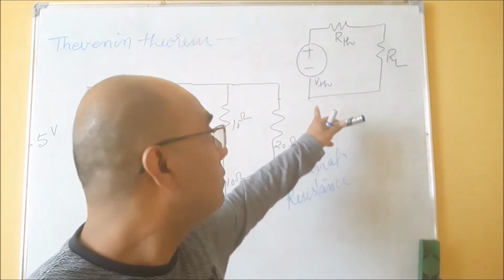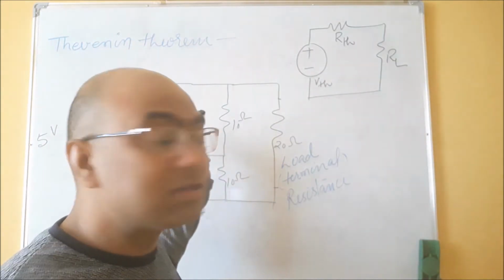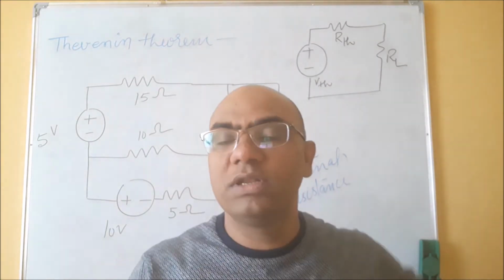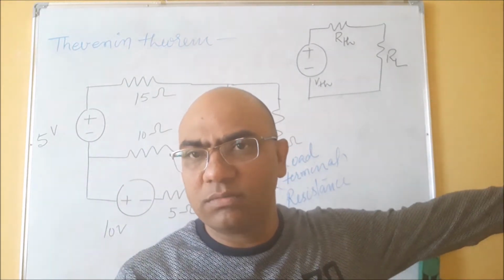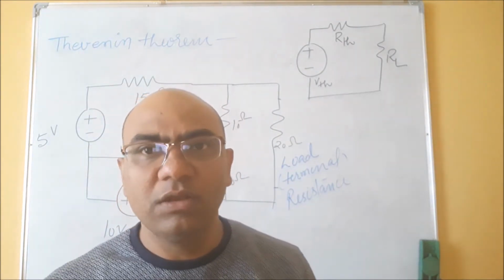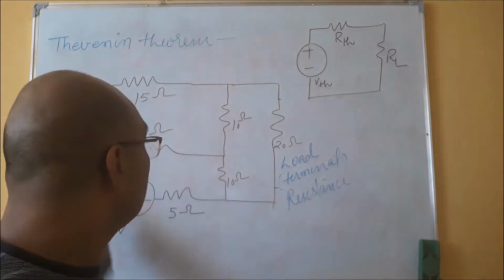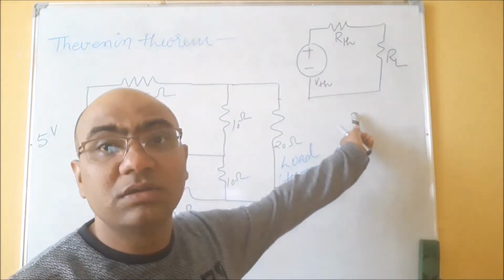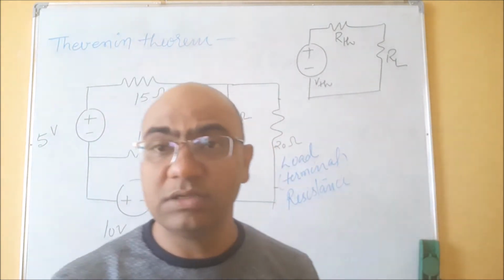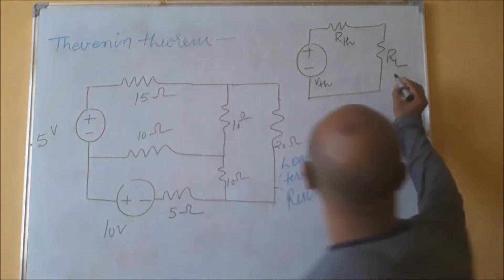This shows the voltage of the internal circuit and its internal resistance, with the load branch, load terminal or load resistance. Now if we replace this whole circuit with this simple circuit having VTH, RTH and RL in series, we know the value of RL is 20.